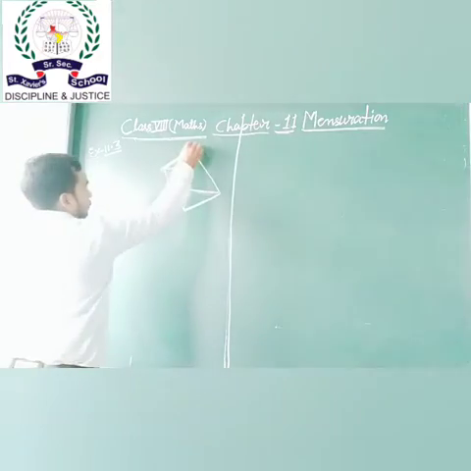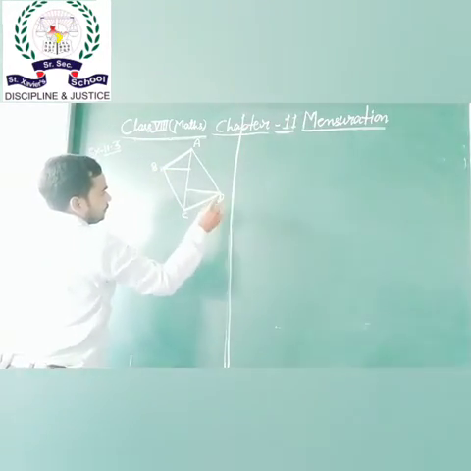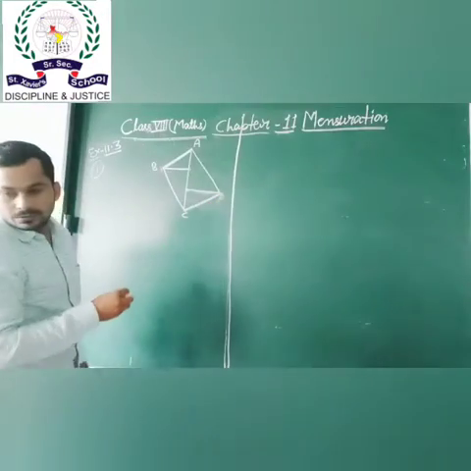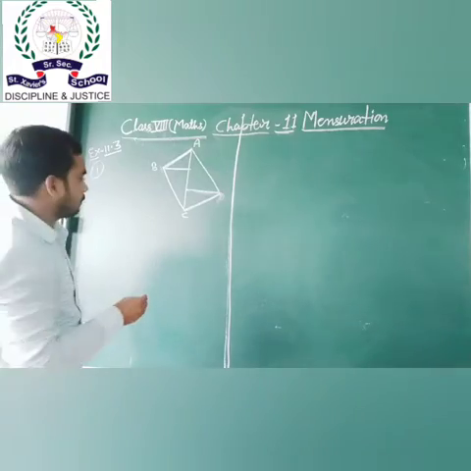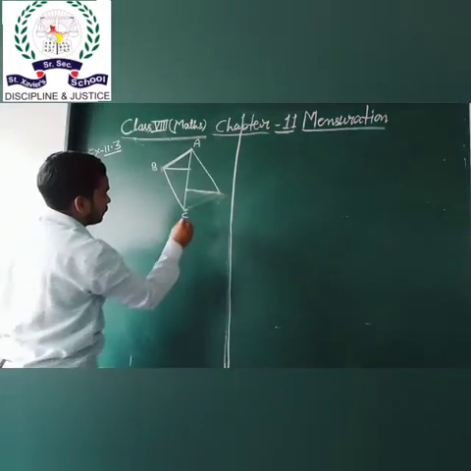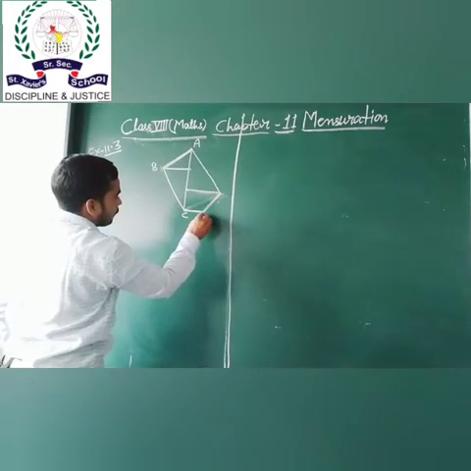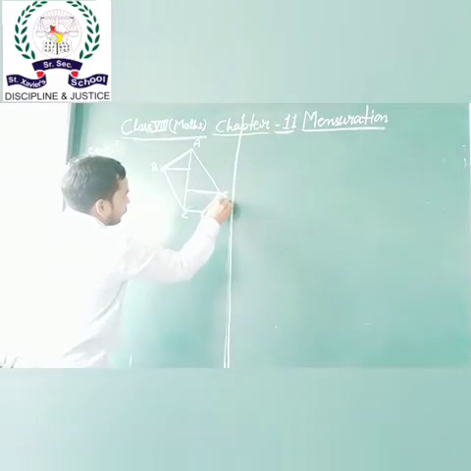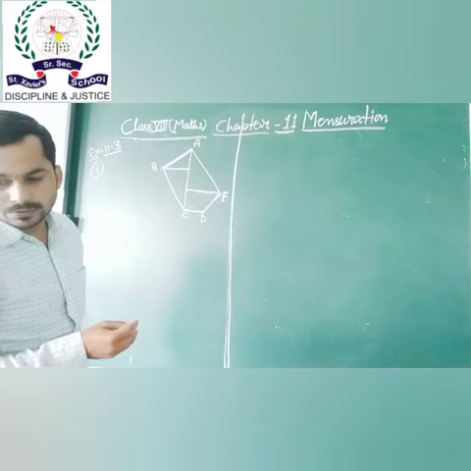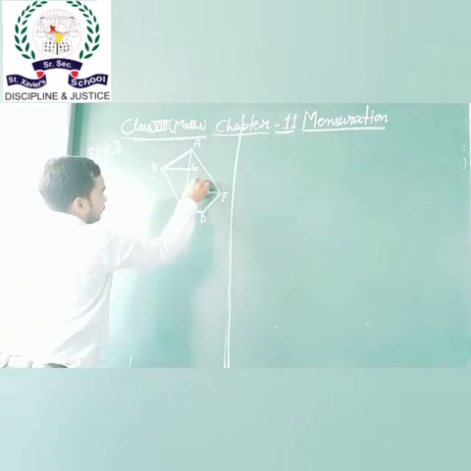ABCDE is a polygon. G and F are the points. This point is G and this point is F.